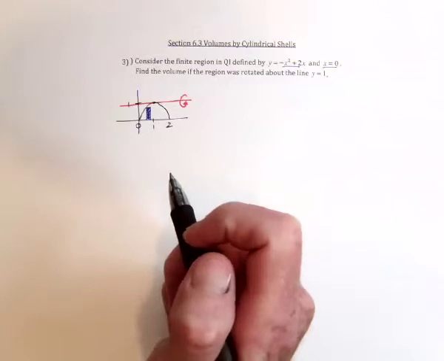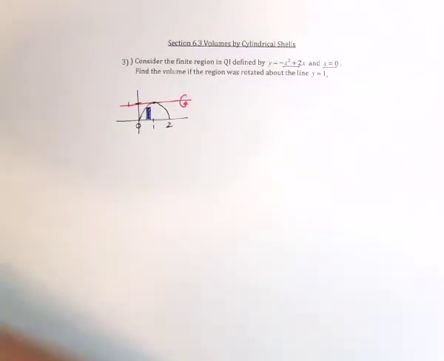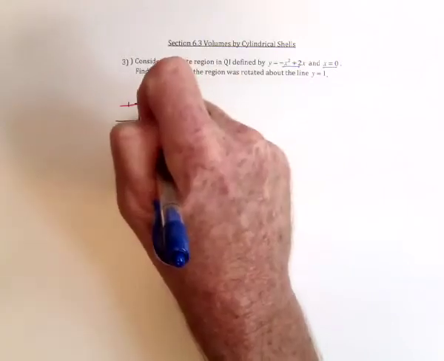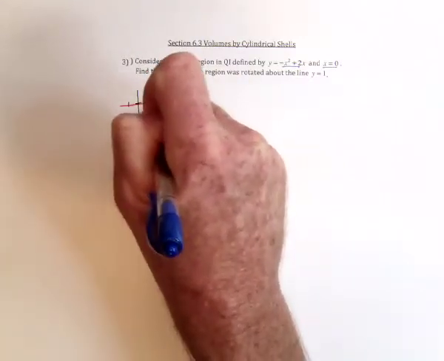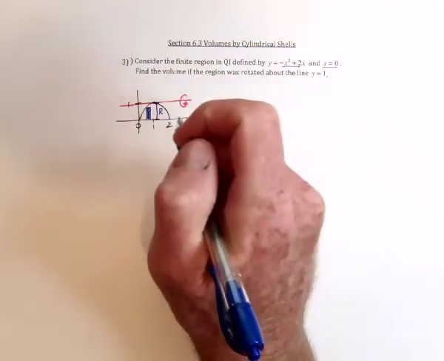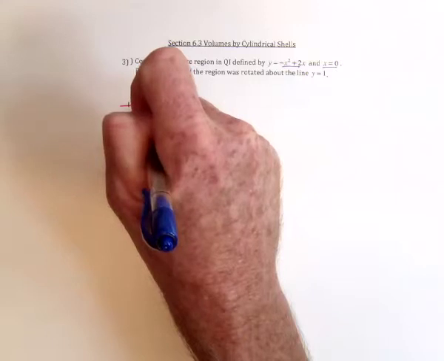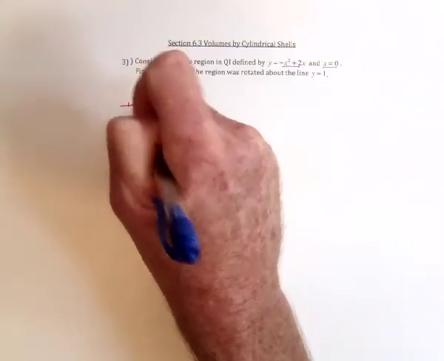So for that method, we need to know, well, what's the bigger radius? So go from the axis of rotation all the way to the farthest away function. So that's going to be the bigger radius. And then go from the axis of rotation to the closer function, and that's going to be the small radius.